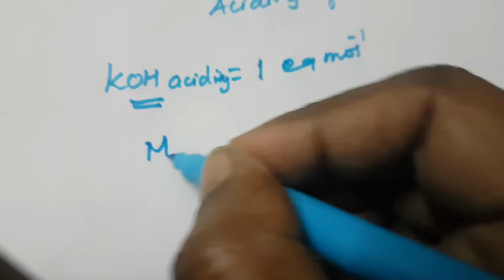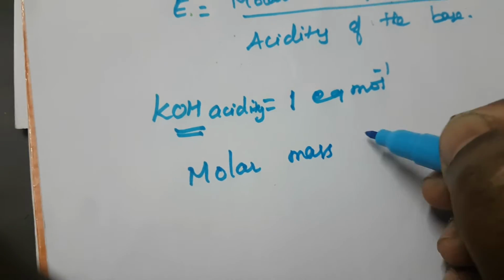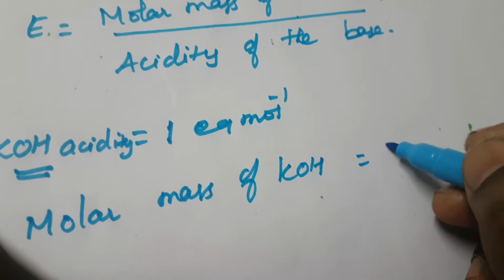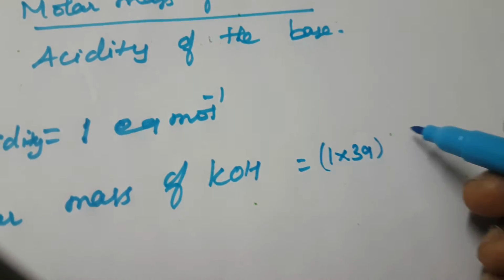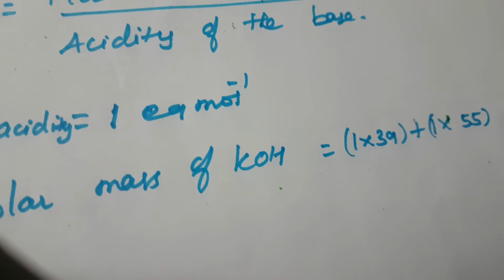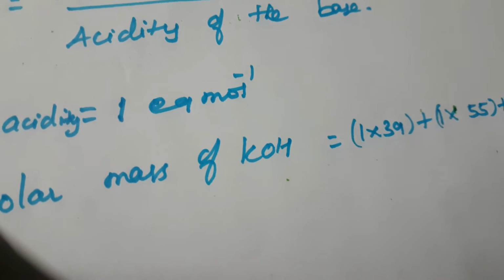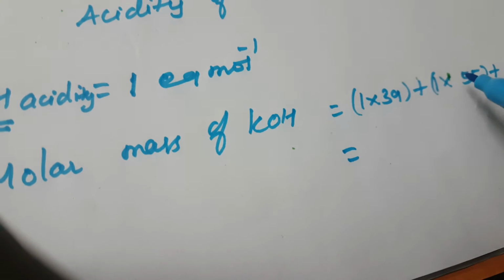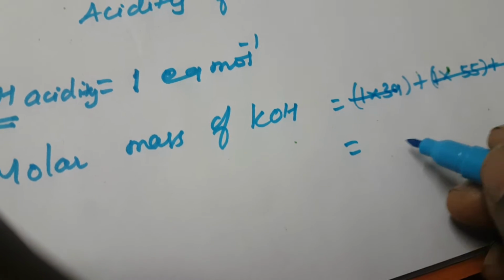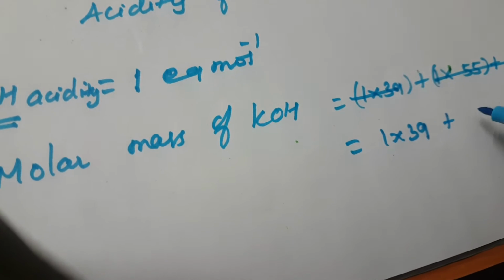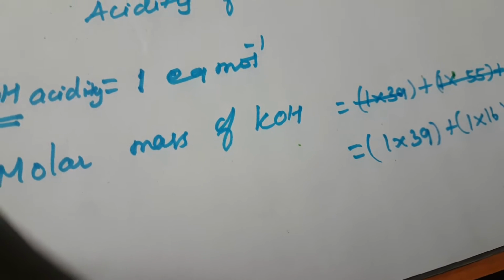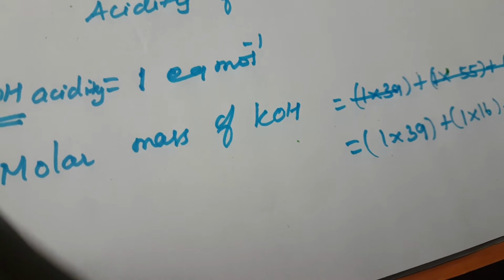Okay, next is the molar mass of KOH. How to calculate the molar mass of KOH? The atomic mass of potassium is 1 into 39, plus oxygen, that is 1 into 16, and hydrogen is only 1, plus 1 into 1, right?